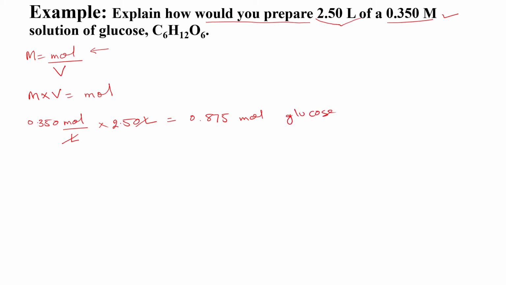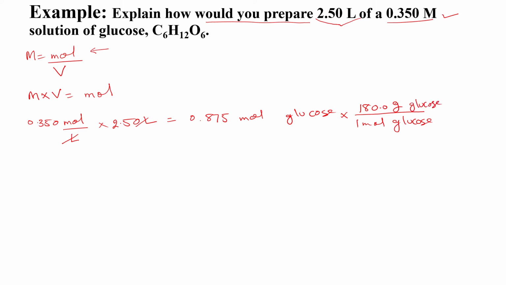You have to convert these moles of glucose to grams of glucose. And whenever we do the conversion between moles to grams or grams to moles, we always use the molar mass conversion factor. So the molar mass of glucose we had in the previous example, and that is 1 mole of glucose is 180.0 grams of glucose.